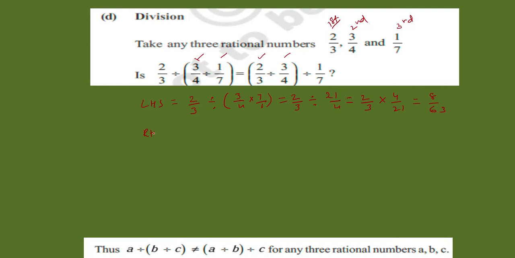Now we move to the right hand side part. Look at what is in the bracket: 2 by 3 divided by 3 by 4. Then you write the multiplication symbol and the reciprocal of 3 by 4, which is 4 by 3, divided by 1 by 7.